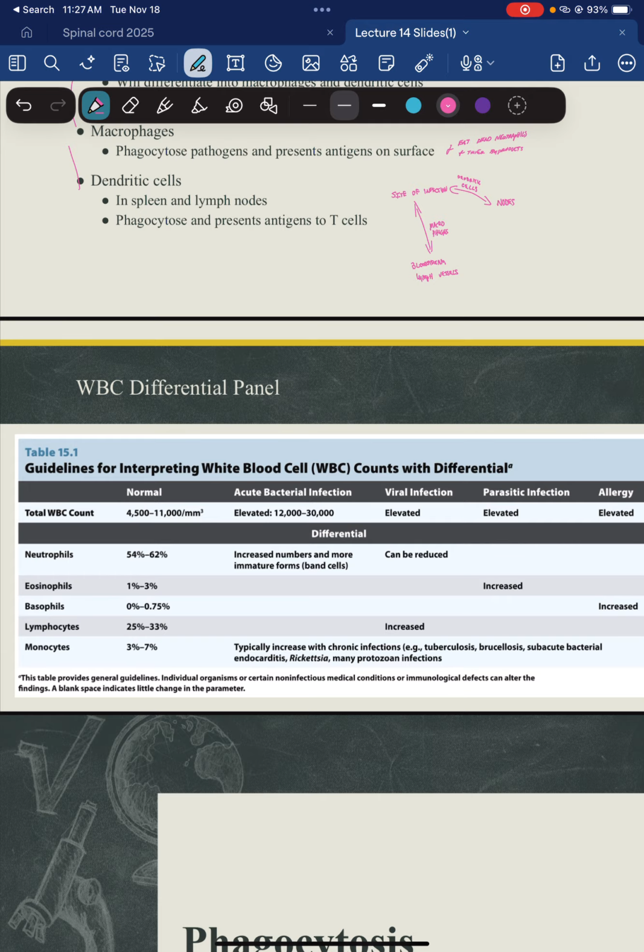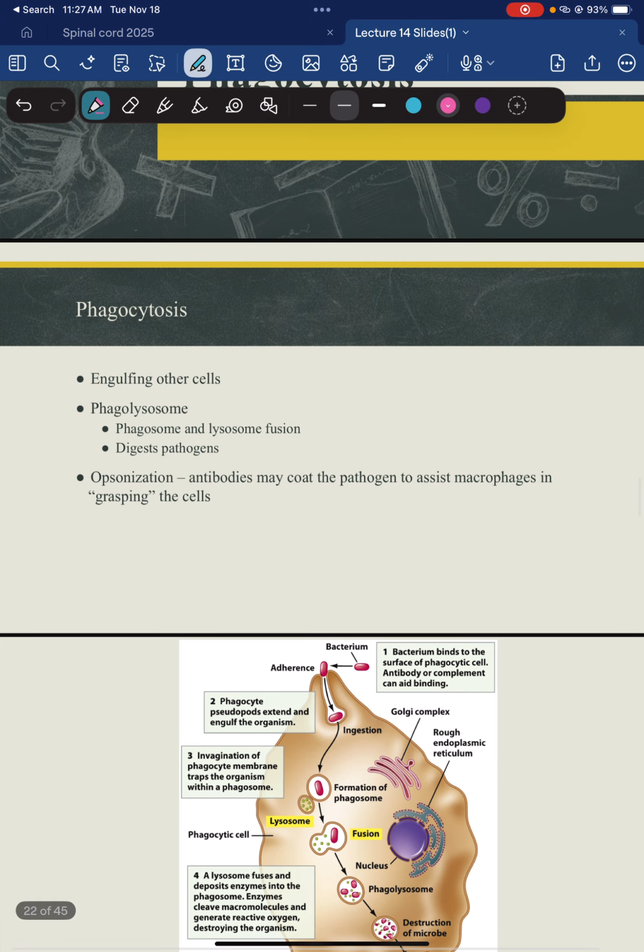All right, so we've talked about these being the Pac-Man cells and utilizing reactive oxygen species as a weapon against bacteria. So let's get a little bit of a review on how phagocytosis works with a little bit of extra information as well. So if you remember, phagocytosis is the endocytosis of another cell. In this case, it's a foreign cell or foreign body.